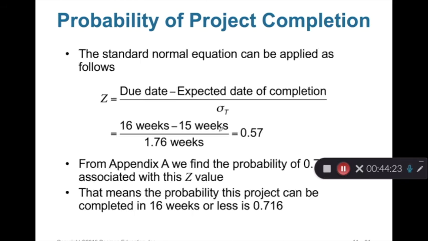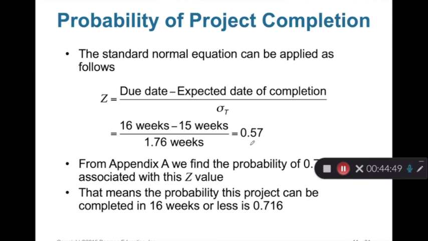We knew the expected completion time and the standard deviation. We can plug them into the formula. We want to calculate the z-score, or z-value. We want to know the probability that the entire project will complete in 16 weeks. So 16 weeks minus 15 weeks, divided by 1.76.